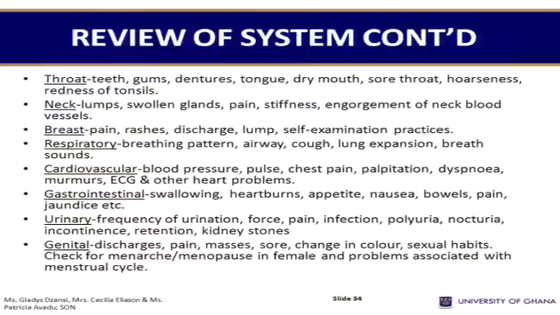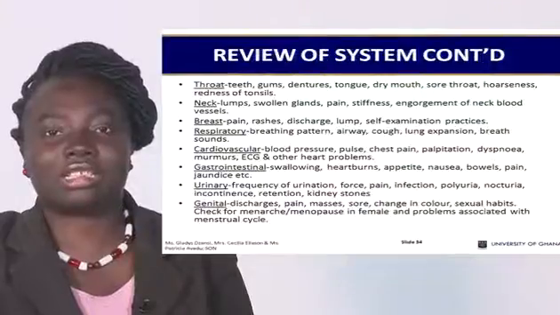The GIT, you ask about the patient's ability to swallow, if he has heartburn, if he has good appetite or has lost appetite, any experience of nausea, bowel pains, and if they have had any history of jaundice. With the urinary system, ask about frequency of urination and whether the patient urinates with force, pain, or if the patient has had any infections.